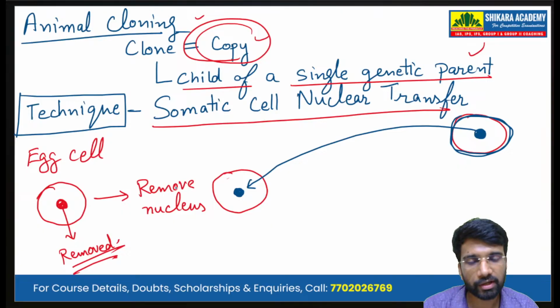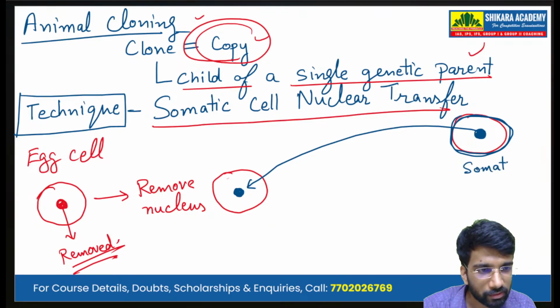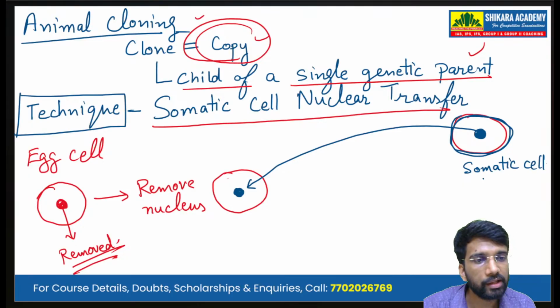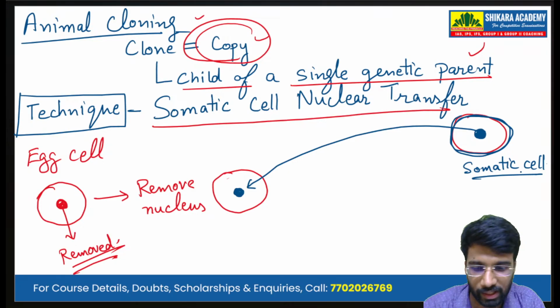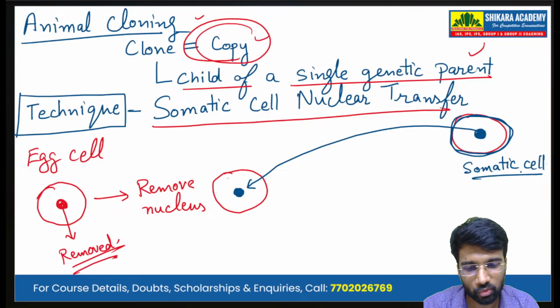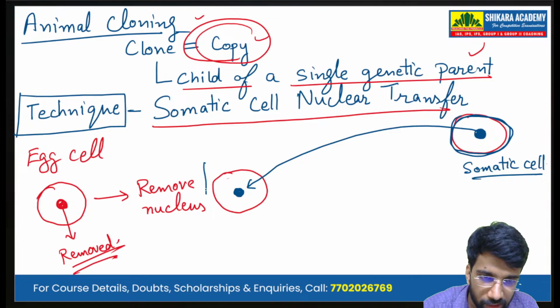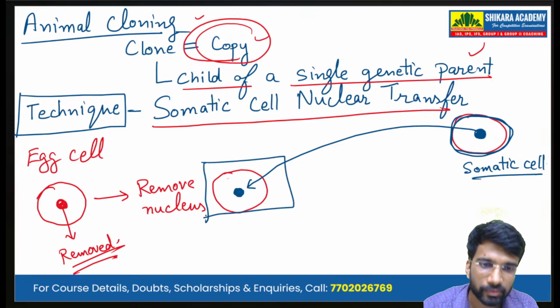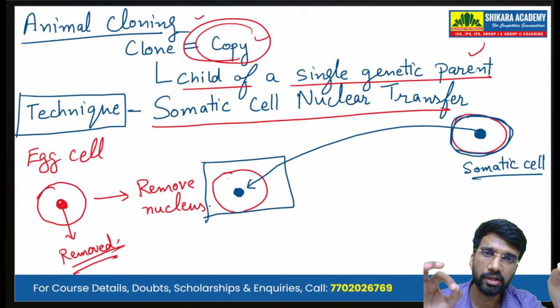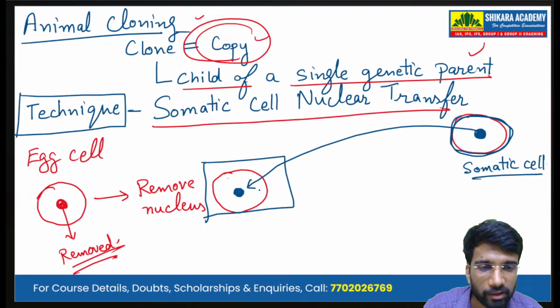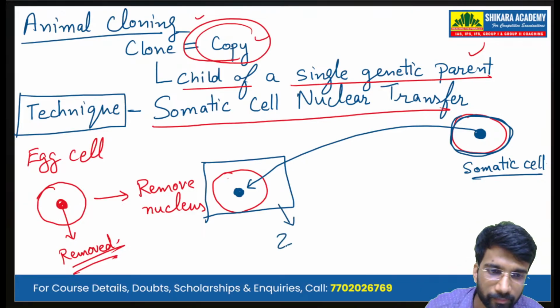Okay. So there is transfer of somatic cell nucleus. This somatic cell is any cell of the body that is not a sex cell. So this somatic cell nucleus is transferred into the egg cell, and now this particular egg cell with the nucleus of the somatic cell will behave like a zygote.